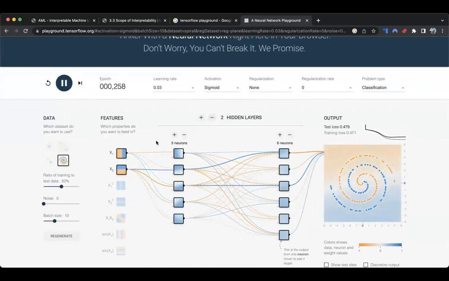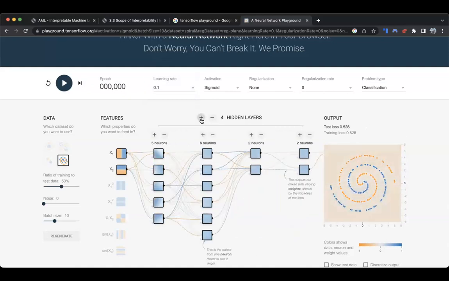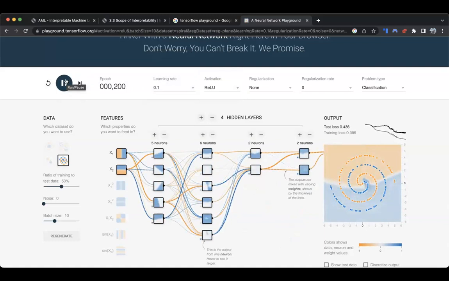Maybe the learning rate could also improve. Okay, this was not trained very fast. Let's go with a bit higher. Oh, for some reason it's not training fast enough. Yeah, ReLU is the fastest, at least for live presentations. So let's go with ReLU.